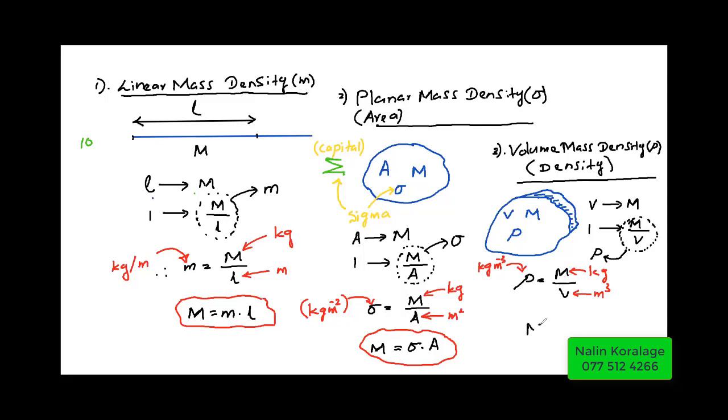By taking that V to that side, mass equals rho times V. Fine. That's going to be the formula. Right. So number one, here we have the total mass of one of these objects whose linear dimension dominates. So total mass is equal to mass per unit length multiplied by the length.